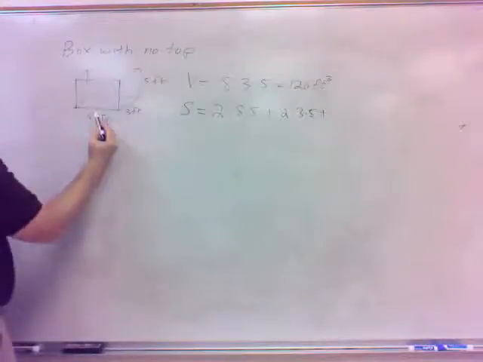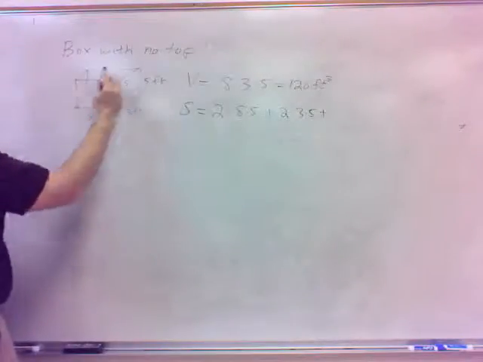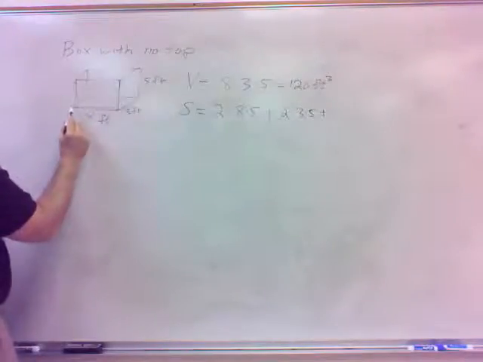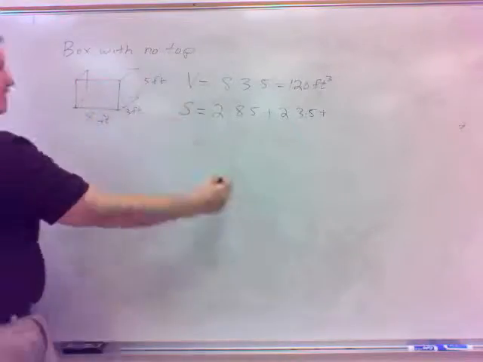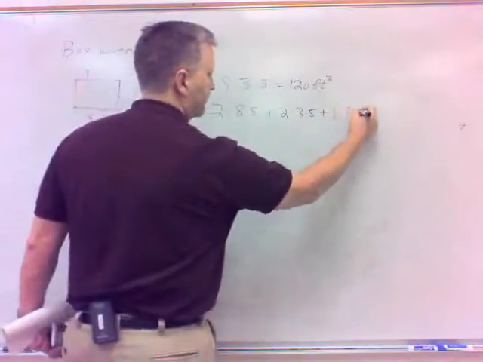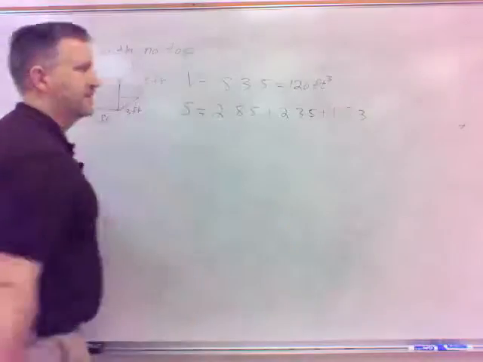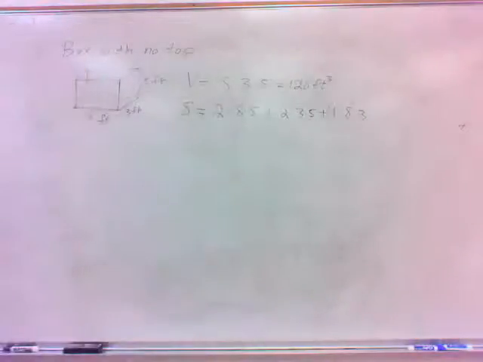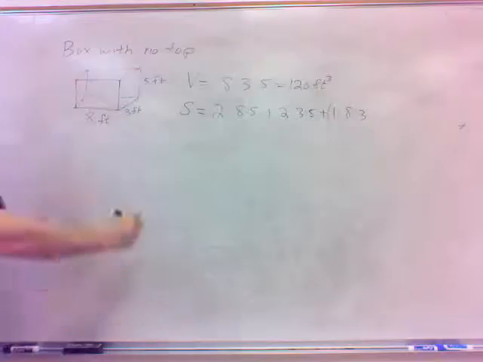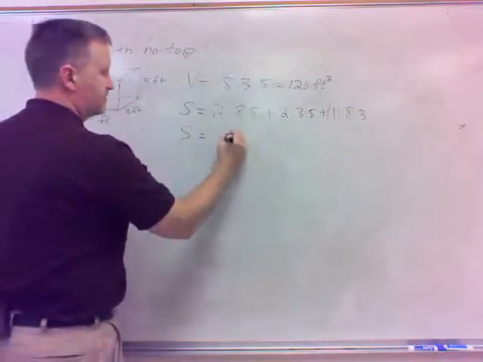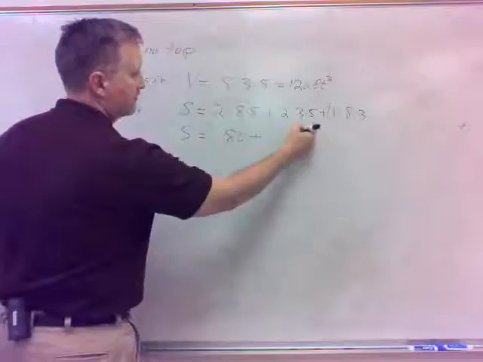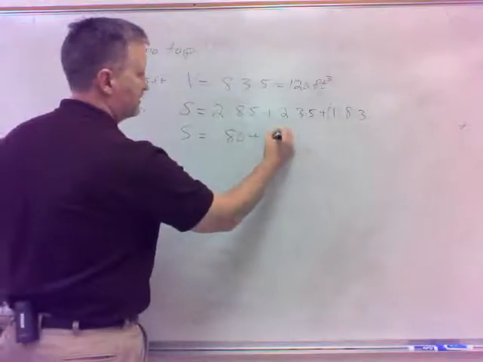But when I go to top and bottom, there's no top. So the bottom is 8 by 3, and I don't have the top, so I only have 1 of those. So what it means is instead of 2 of those, there's only 1 of those, okay? I like that problem just so you think about what you're actually doing there. All right, so that's 2 times 40, so that'd be 80. 2 times 15, so that would be 30.